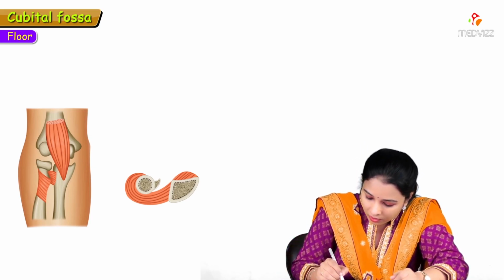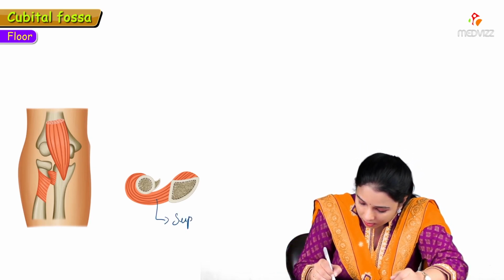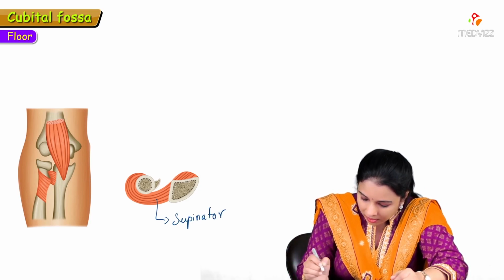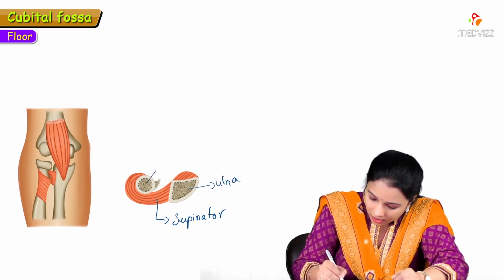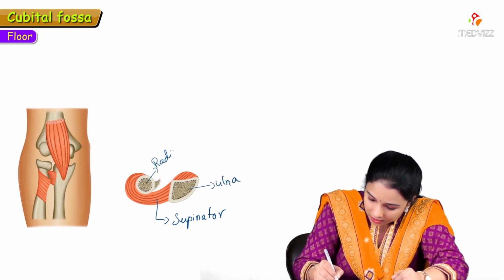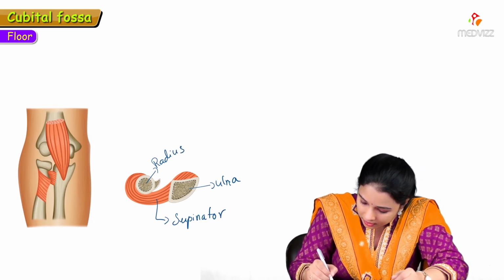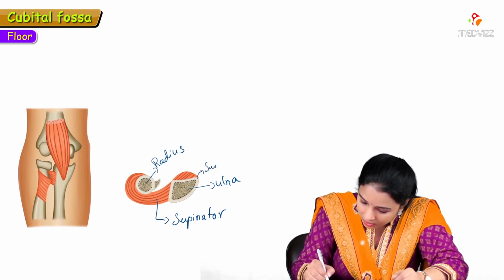Supinator forms the inferior part. So here is the supinator muscle. So this one is the ulna in cross section, and here is the radius. So this is the supinator crest of ulna.